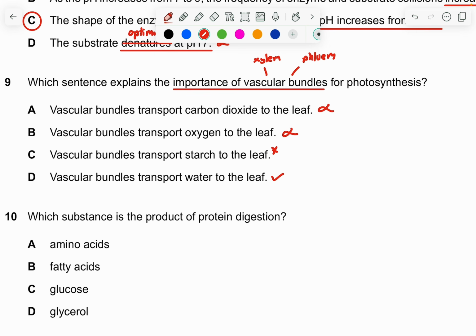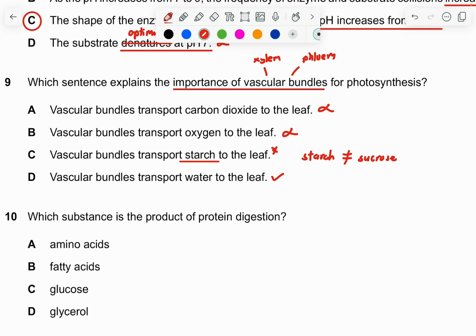This is correct. So let's see, why is C a little bit not correct? Because of this term starch. We know that phloem can actually transport sucrose, but sucrose is not in the form of starch. Remember, there are two different constituents. So it's very important that you know that starch is not sucrose.